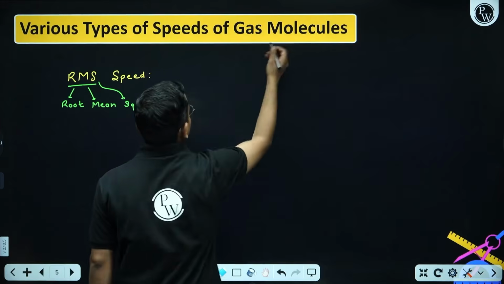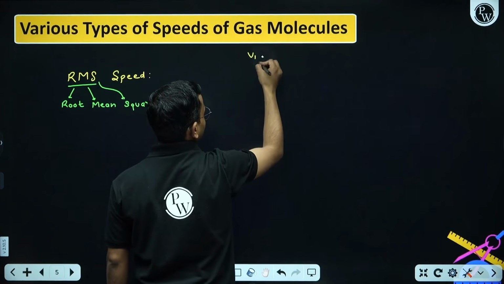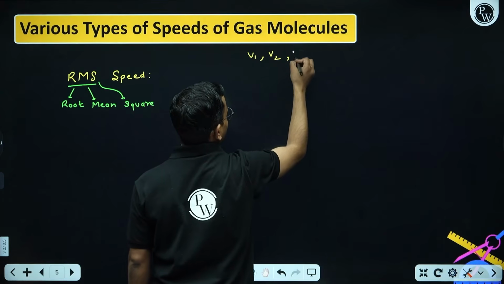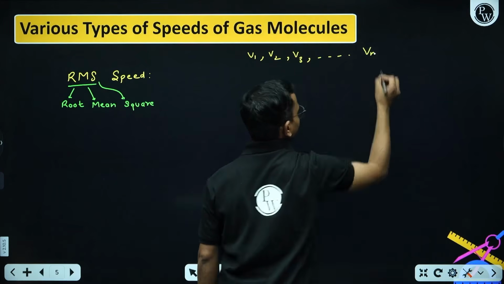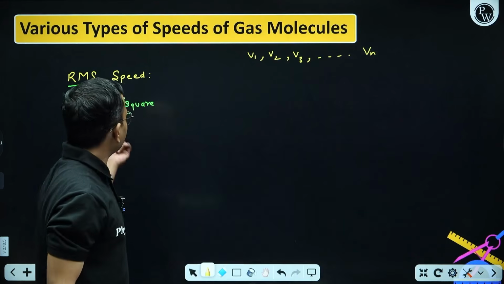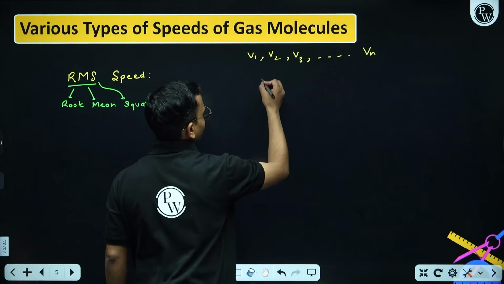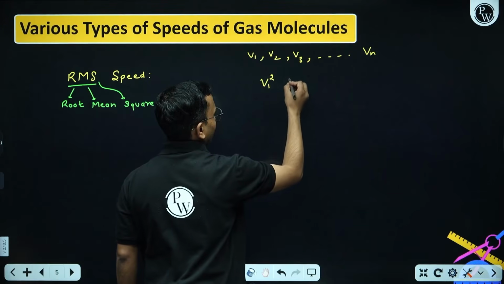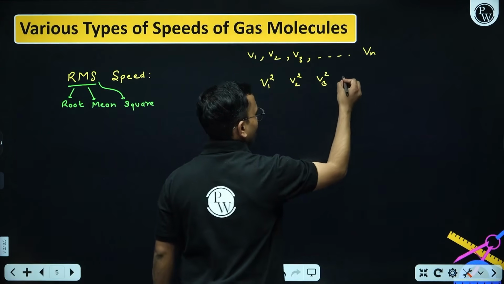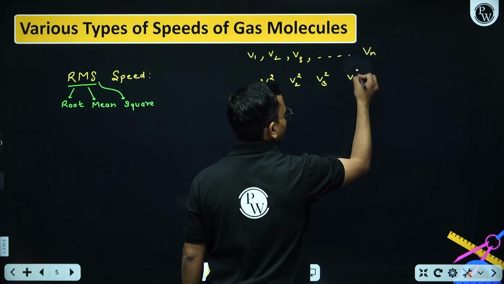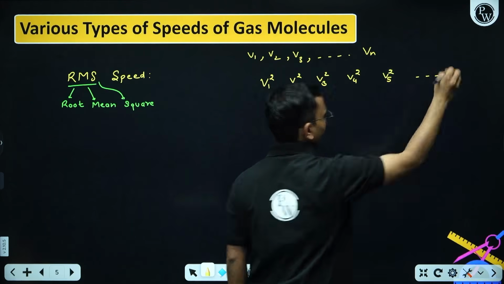So let us take different particles. The first particle has velocity v1, the second has v2, the third has v3, and like that there are n particles. Now when I say root mean square, first of all I'll square them: v1 square, v2 square, v3 square, v4 square, v5 square, like that.